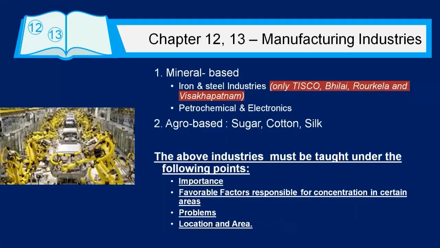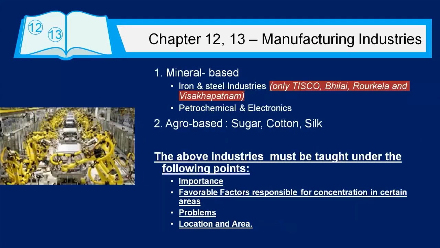For each industry, you must know from where it gets its raw material, power supply, water supply, transport facility, labor supply, and state and city where it is located. A question may be asked on each industry based on these factors.